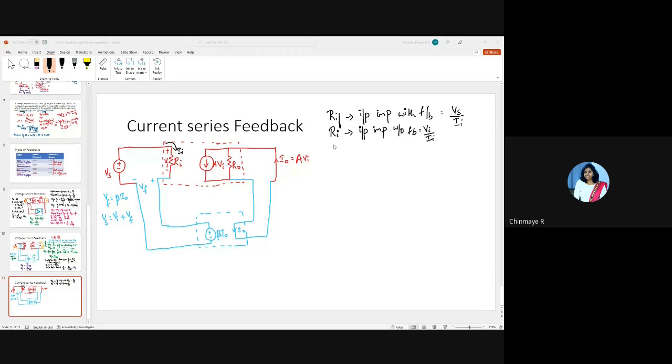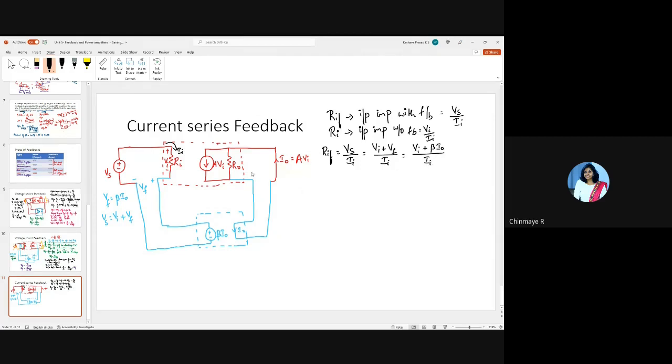Okay, so RIF is equal to Vs by II, right? So this can be written as Vs is nothing but Vi plus Vf, right? So therefore, Vi plus Vf divided by II. But what is Vf? Vf is beta I naught. So we'll substitute that here. So therefore, this will be Vi plus beta I naught divided by II.